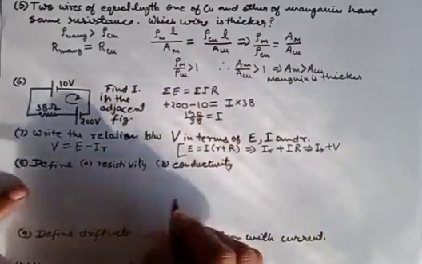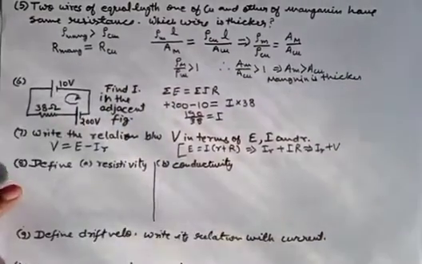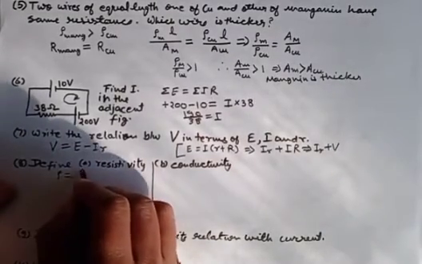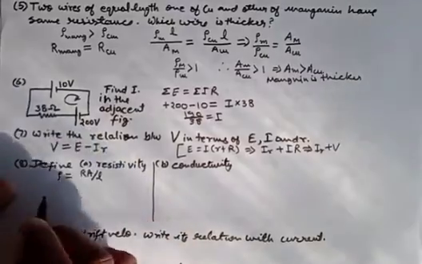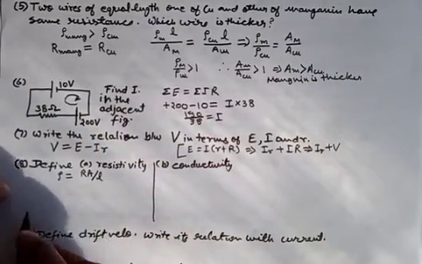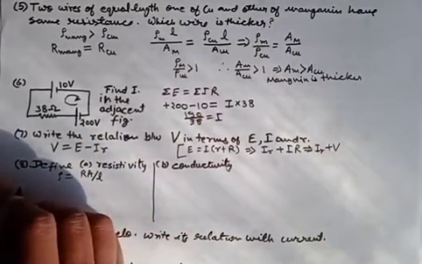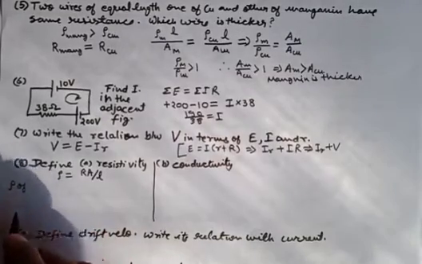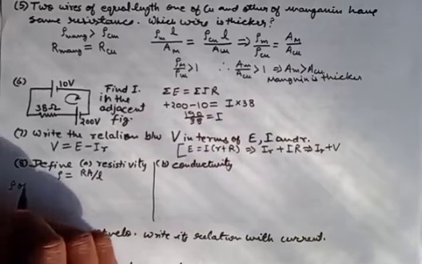Define resistivity, conductivity. Okay, so I'm doing this. First, resistivity. I'm going to write its formula, rho equal to RA upon L, remember. So how can we define it?